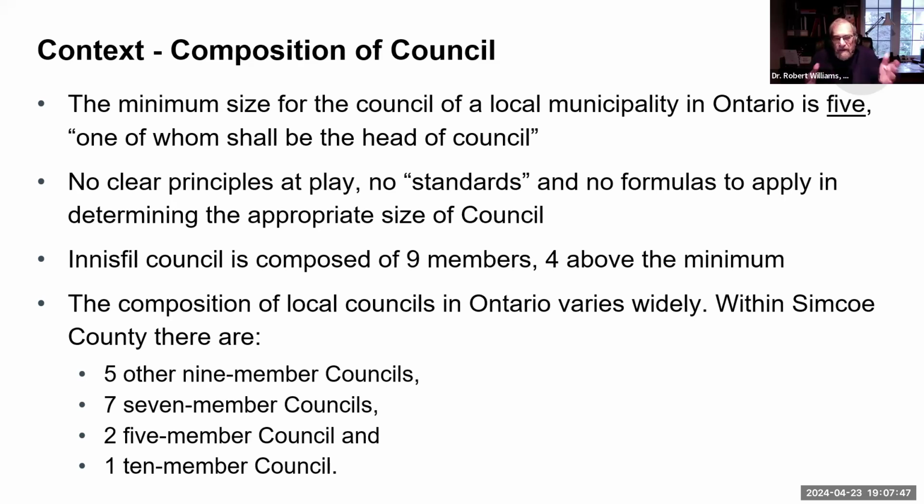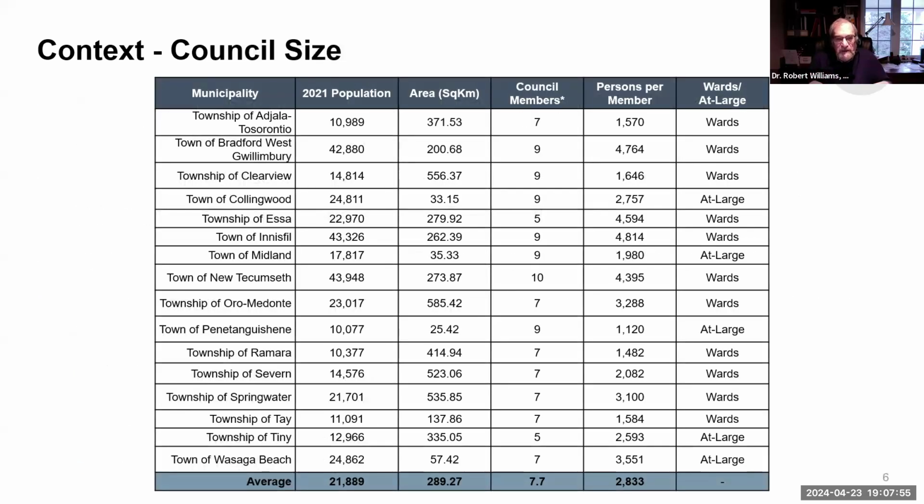So again, there's nothing in legislation that says if your population is whatever, you must have a council of a certain size. It simply says if you've got 5, you can do what you want. And as this chart shows, it does vary, not necessarily even consistently, but it does vary.